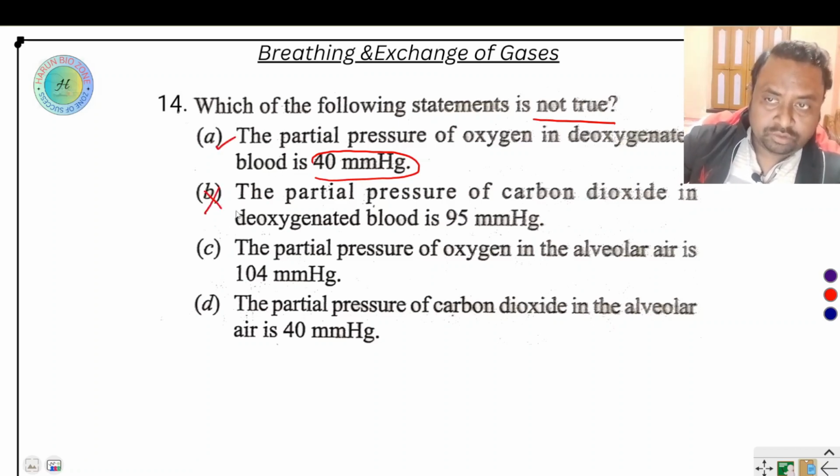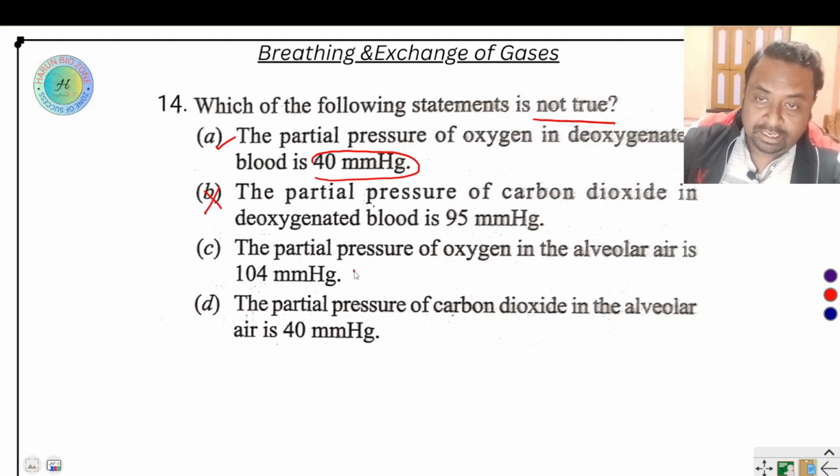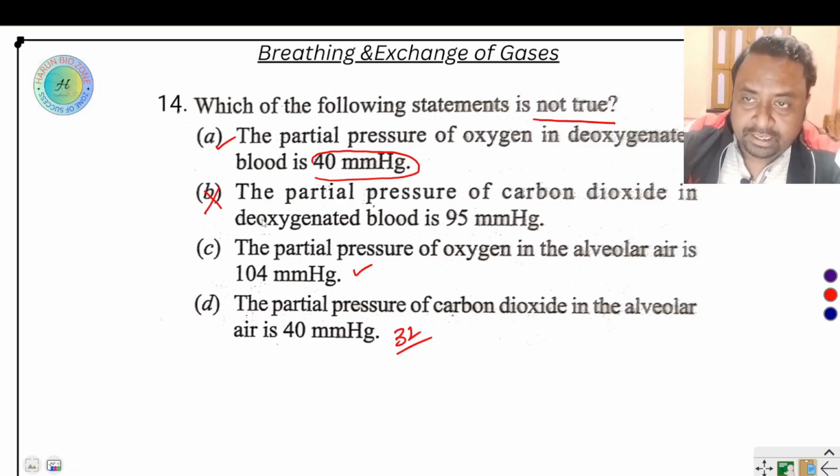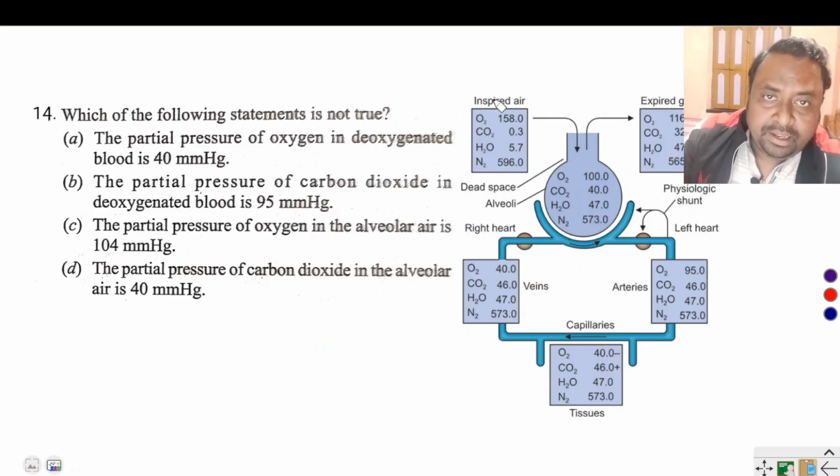The partial pressure of oxygen in alveolar air is 104 mmHg, and of carbon dioxide is 40 mmHg, so near about the same. But the partial pressure of carbon dioxide in deoxygenated blood being 95 mmHg is not correct. Deoxygenated blood means vein blood is deoxygenated, and artery blood is oxygenated.